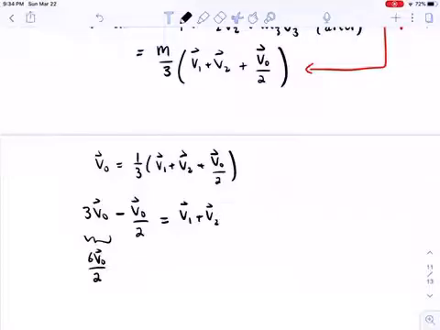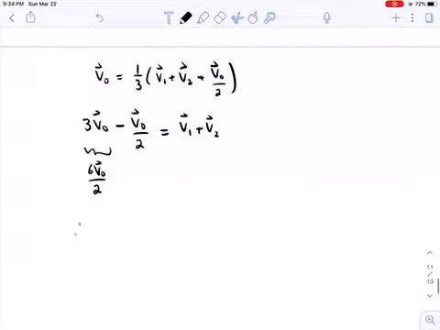And then when we subtract v0 over 2, we'd get 5 over 2. And so therefore, it must be that 5v0 over 2 is equal to v1 plus v2.